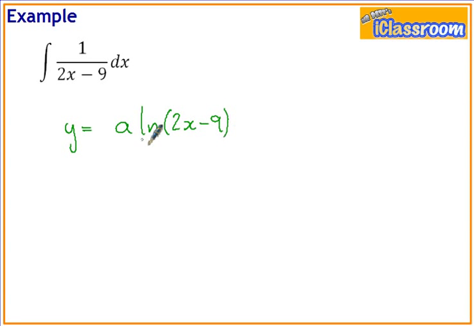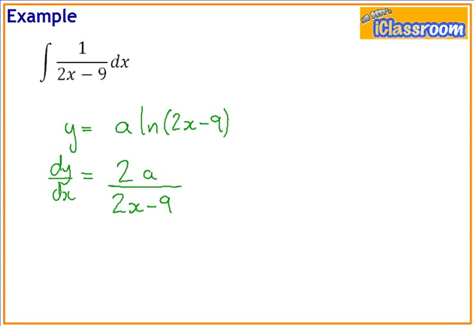Now if I differentiate this to check, dy by dx gives me, inside the function first, 2 multiplied by a over 2x minus 9. That's almost exactly what we've got here.